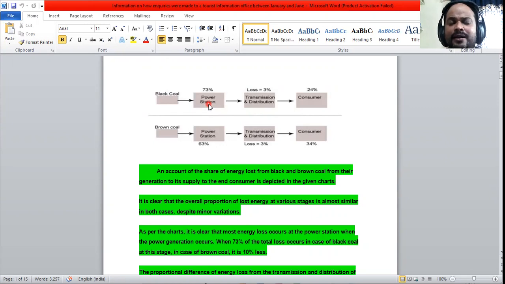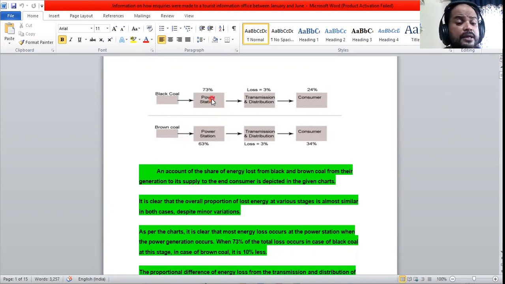It is clear from the picture that the power generation is initiated, then only the power station will be functioning. Even if the words power generation are not given in the picture, it is not an assumption, it is proof.